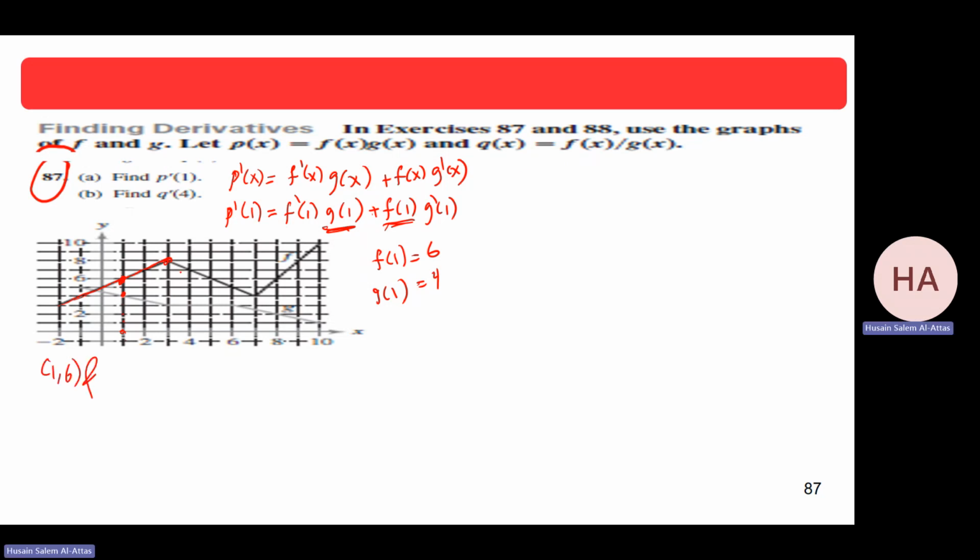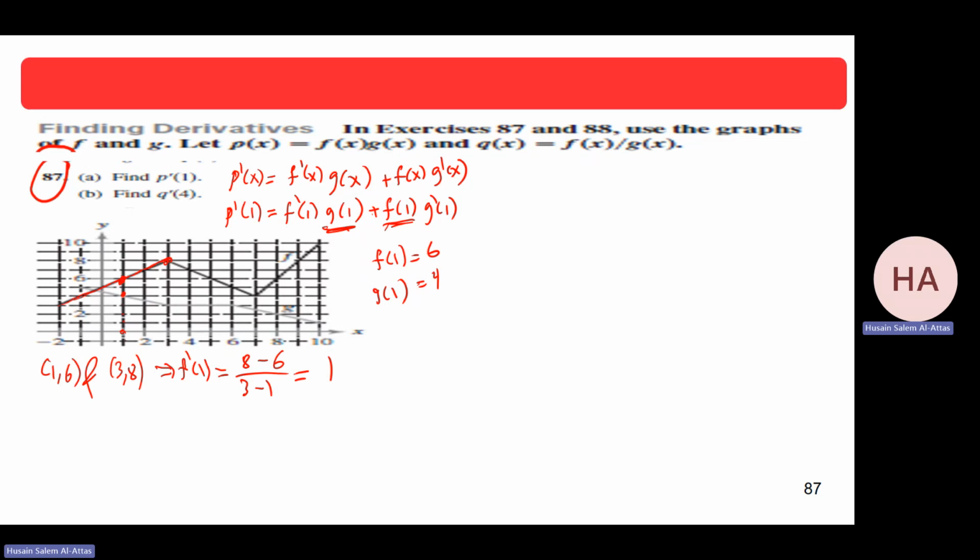Another point is 3 and 8. So the slope, which will give me f prime at 1, will be 8 minus 6, delta y over delta x, over 3 minus 1, which is 1.